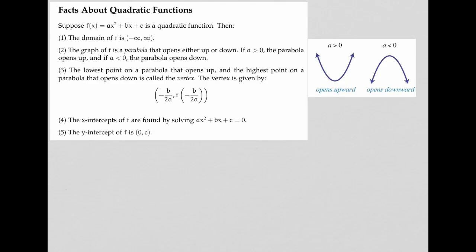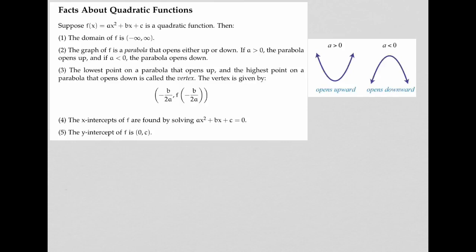Finally, I'm going to go over some facts about quadratic functions. These facts will be especially useful for graphing quadratic functions. So for a quadratic function f of x equals ax squared plus bx plus c, the domain will always be minus infinity to infinity. In other words, quadratic functions are defined for all real numbers.